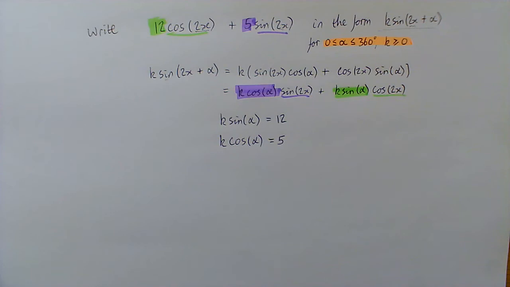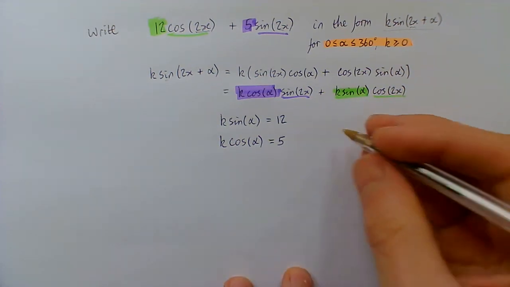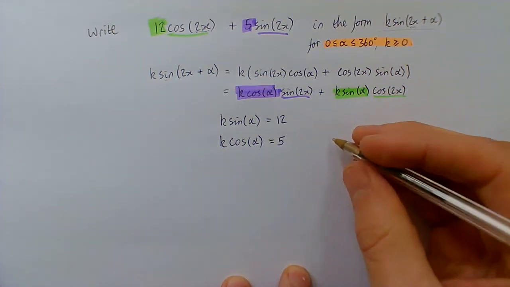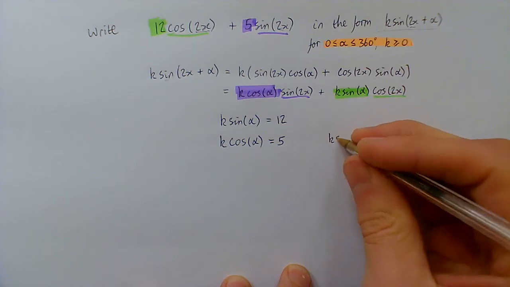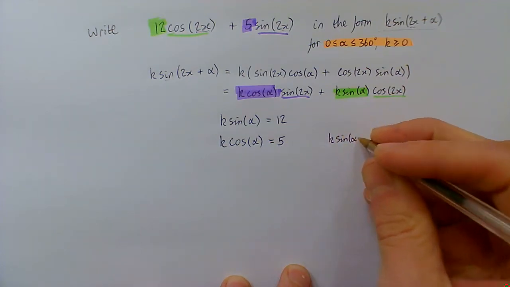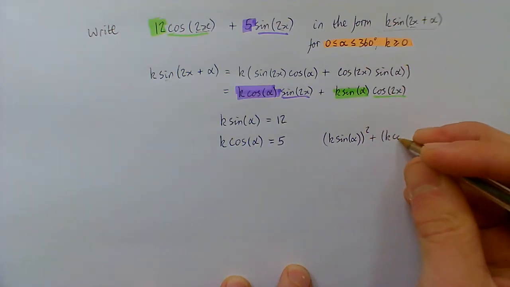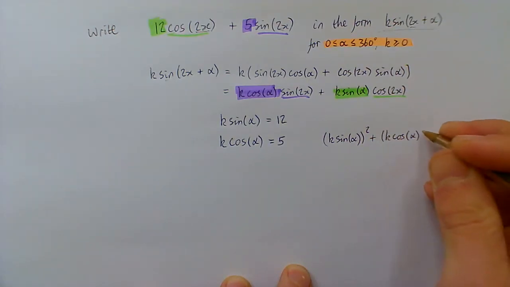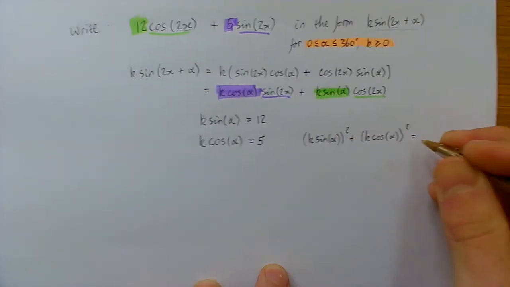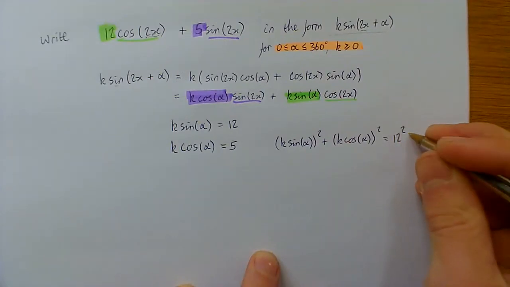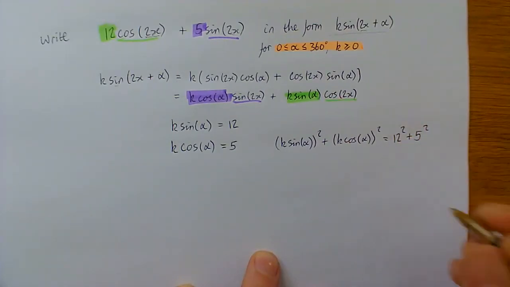Now, this is all looking very familiar, and so we can proceed as we have with every other example by doing k sine of alpha all squared plus k cos of alpha all squared. And what is that? Well, that is 12 squared add 5 squared.